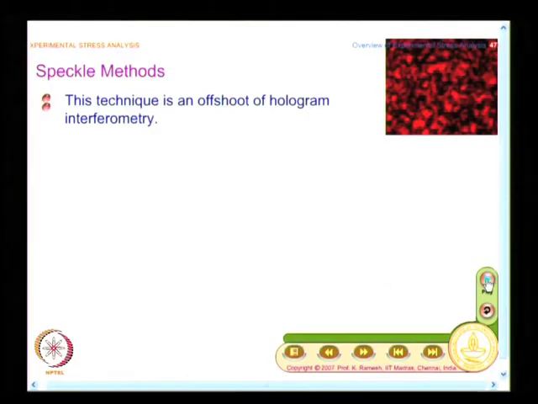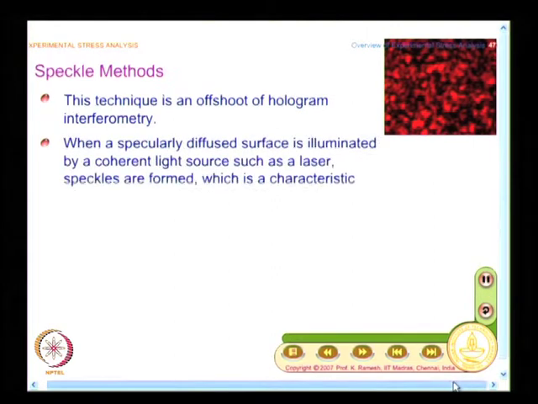We have seen if I use white light, Athena goddess was looking nice. The moment I illuminate it with laser, you saw speckles on the face, on the entire picture, and this is used as a technique to reveal displacement information.